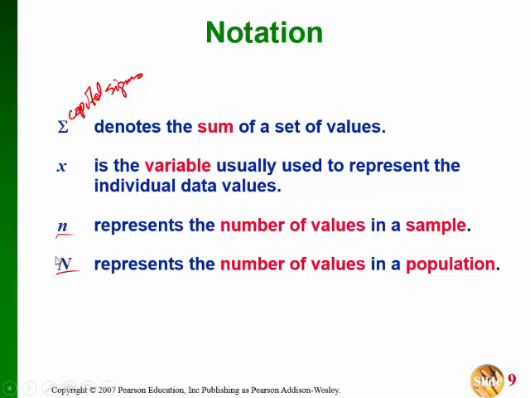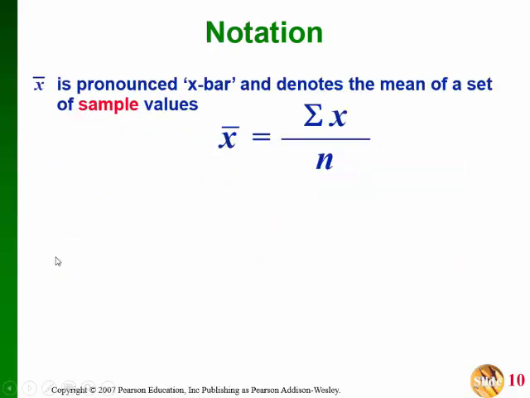For a population, it's essentially the same thing, except instead of X bar, you would use the correct representation for the mean of a population, which is mu. And then you would divide it by the total number in your whole population, which is big N. Okay?